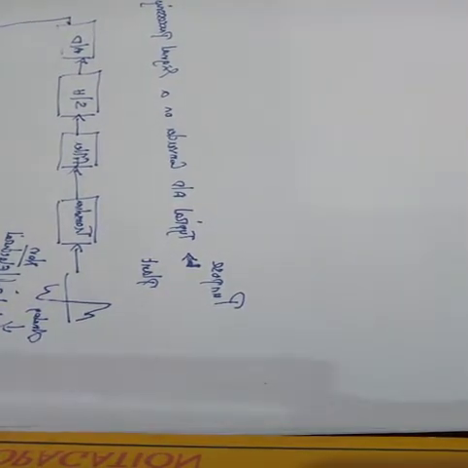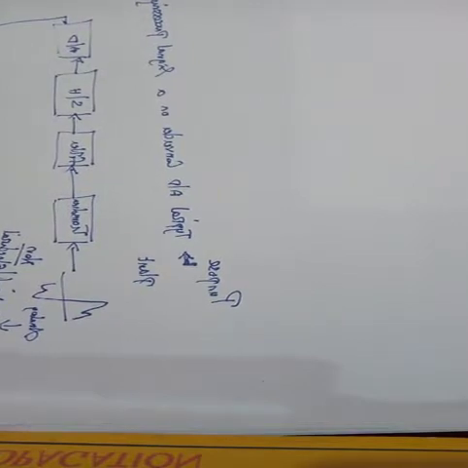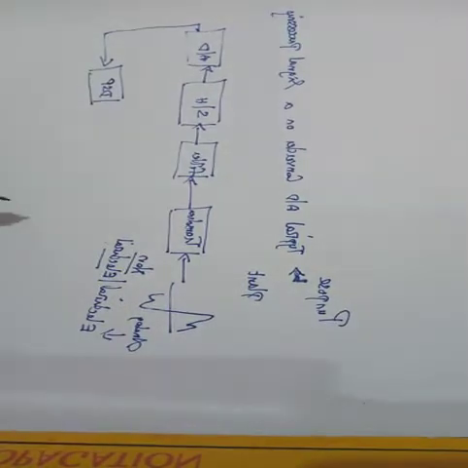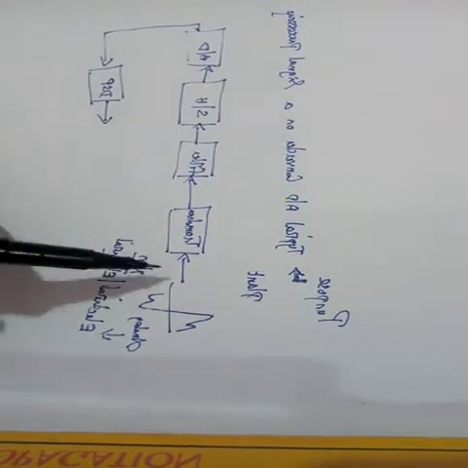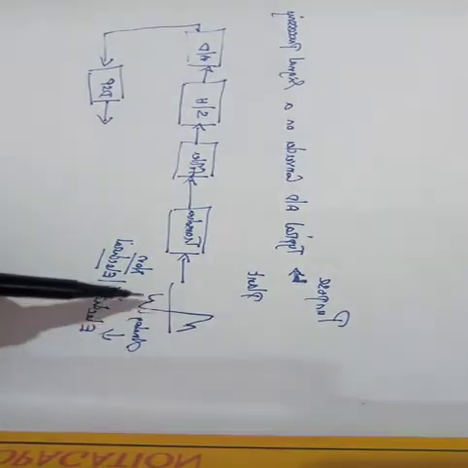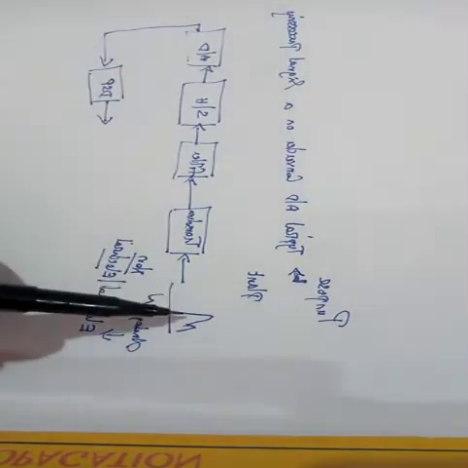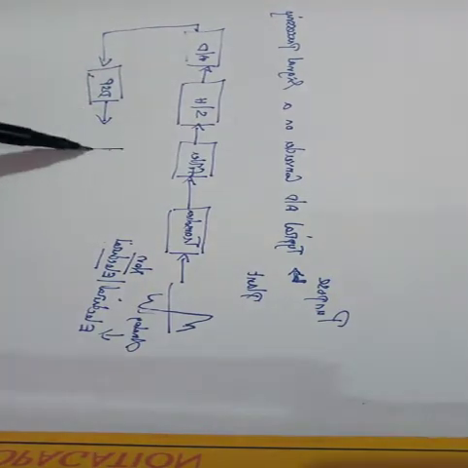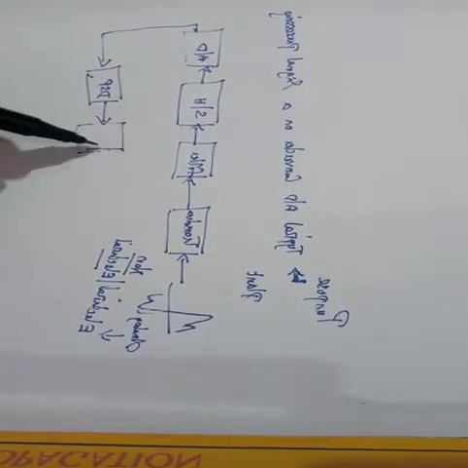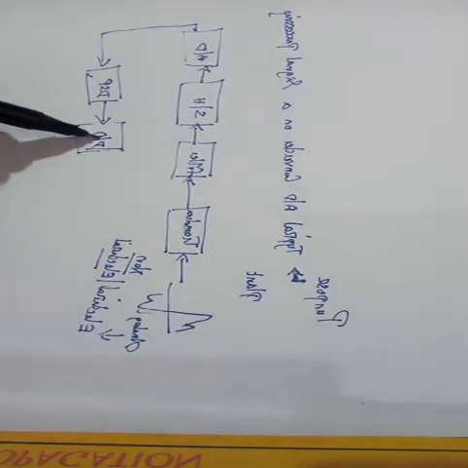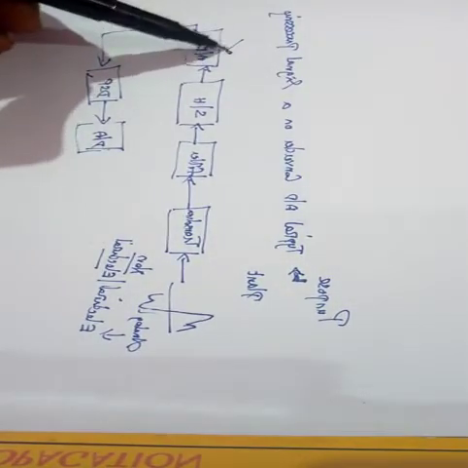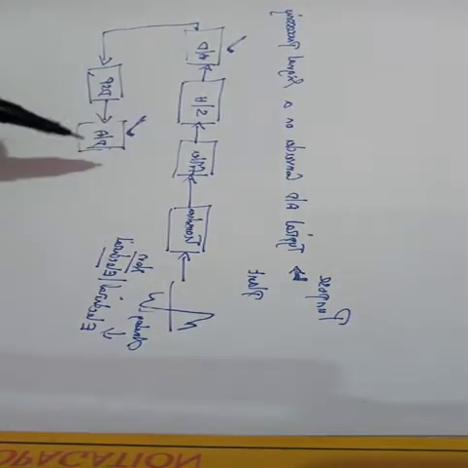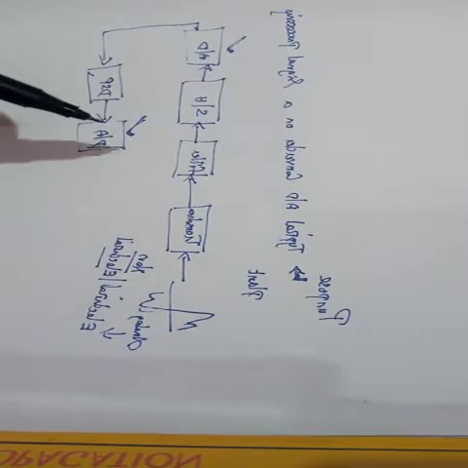Then it is processed by a signal processing unit, maybe a digital signal processing unit, and then this digital data is converted back into analog by a digital to analog converter. We have studied all these topics about analog to digital converter and digital to analog converter in our classes in a deeper manner.